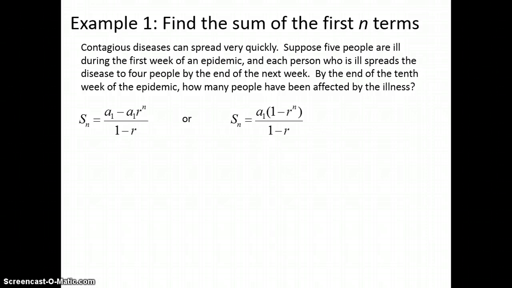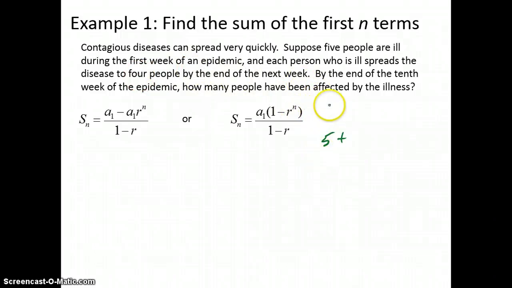So example 1, contagious diseases spread quickly. 5 people are ill during the first week of an epidemic. Each person who is ill spreads the disease to 4 people by the end of the next week.